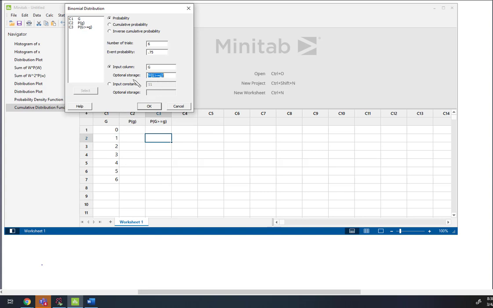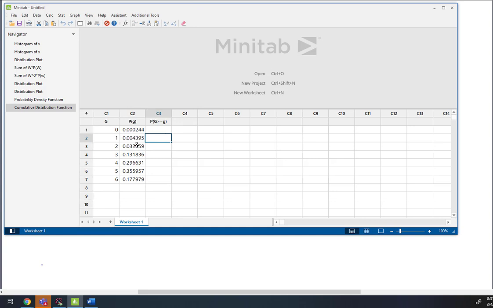I see it's not quite correct, but we'll make it correct by selection. Now I think everything is ready. You can see an 11 down here, but that's not going to be looked at by Minitab because this radio button, input constant, is not checked. We're going to be looking at an input column because that's the radio button we've selected. Let's say OK, and here are the probabilities then.